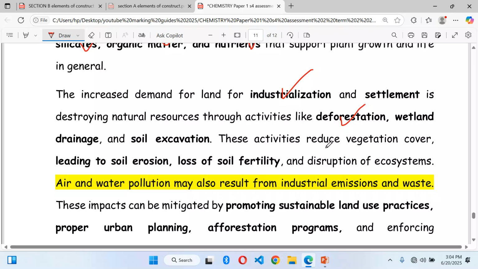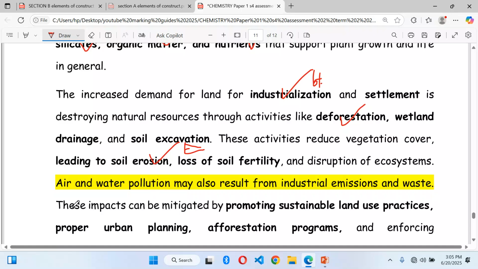These activities reduce vegetation cover, leading to what? Soil erosion, loss of soil fertility, and disruption of ecosystems. So here we have talked about the human activity, and here we're looking at its effects: soil erosion, soil infertility and disruption of ecosystems.